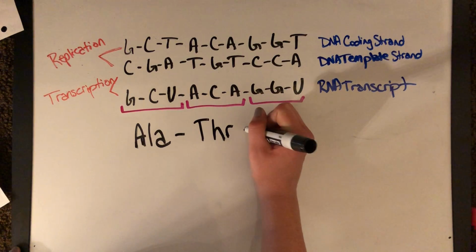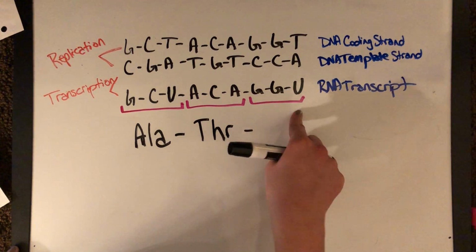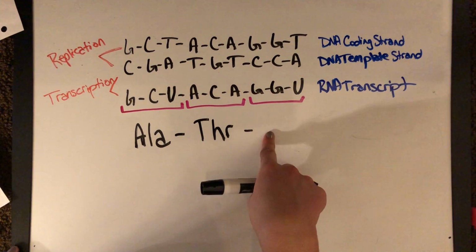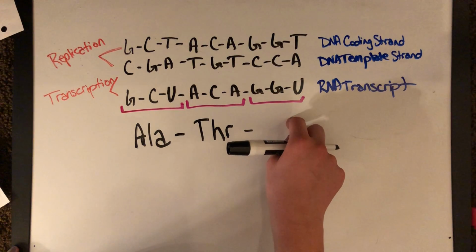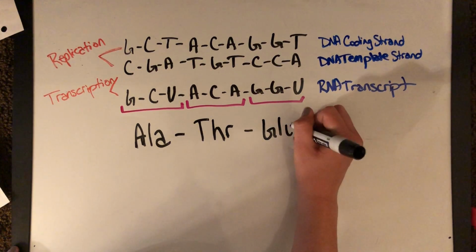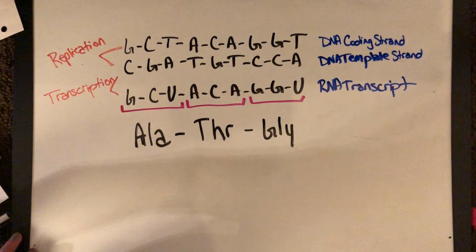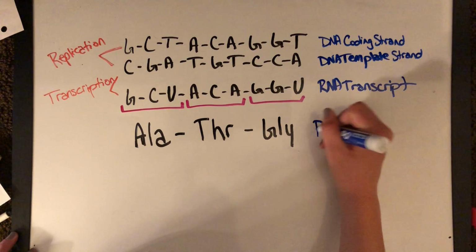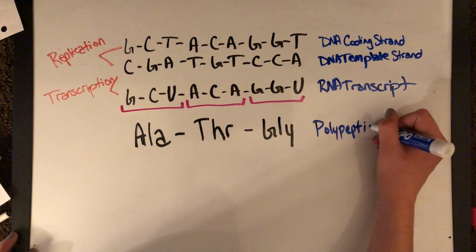Again, I'm looking at that amino acid chart to match up all three of these letters to come up with a codon that codes for a certain amino acid. GGU would be glycine, GLY. Okay, so this is our polypeptide chain, or protein. These are all amino acids, right?